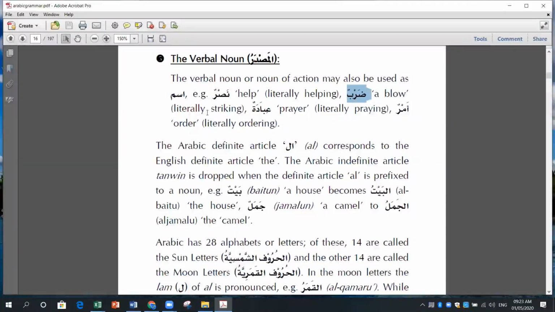Literally, it means striking, hitting someone. Darbun means strike. But it's the name of an action. The action is beating or hitting or striking. Darbun is a name. But if I say daraba, it will become a verb, and its meaning is he struck, or he hit.